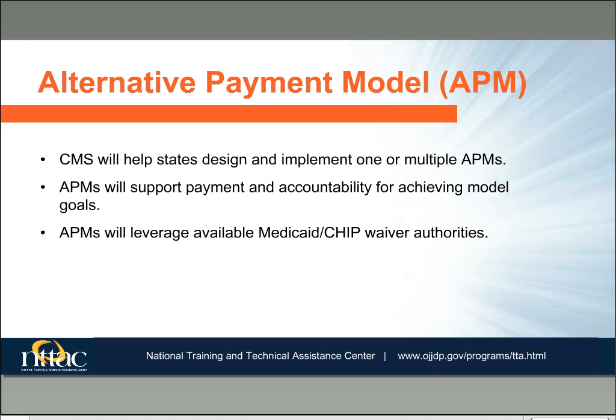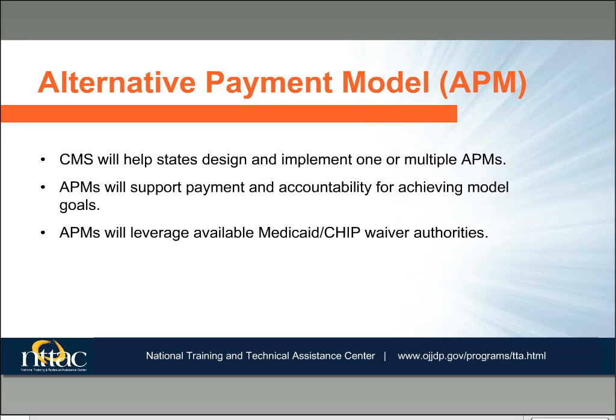This model will require that participating states develop APMs to support, at the minimum, care coordination, case management, and mobile crisis response and stabilization services using authorities available under Medicaid and CHIP if an applicant chooses to include CHIP beneficiaries. States with existing APMs can modify them if necessary to meet the model's criteria.